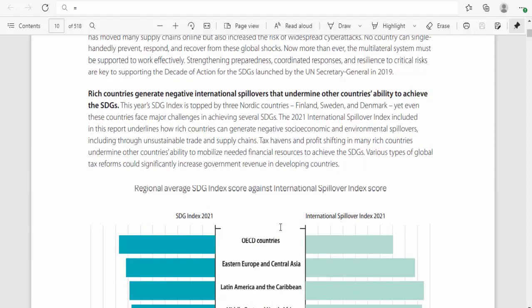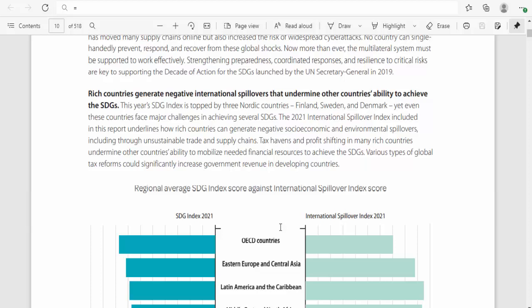It says rich countries generate negative international spillovers that undermine other countries' ability to achieve the SDGs. This year's SDG index is topped by three Nordic countries, Finland, Sweden, and Denmark. Yet even these countries face major challenges in achieving several SDGs.